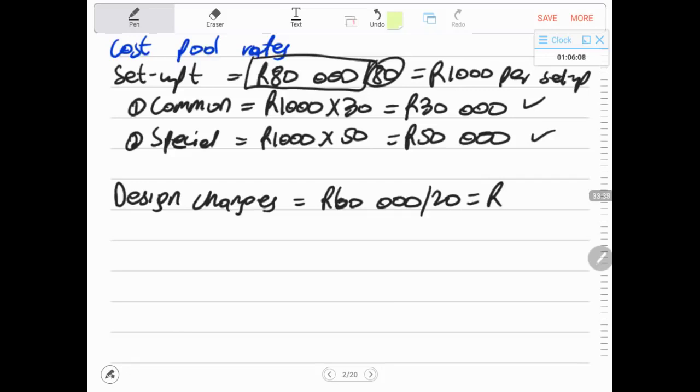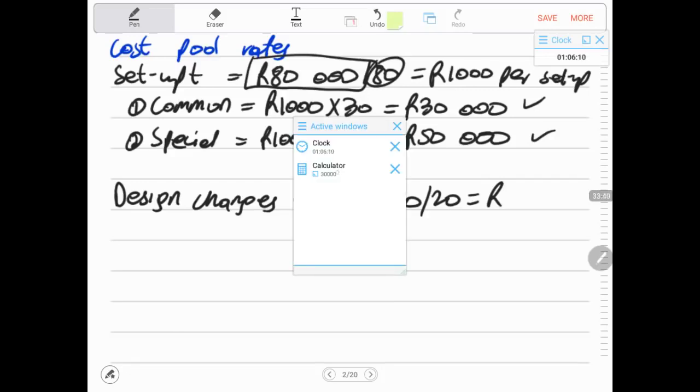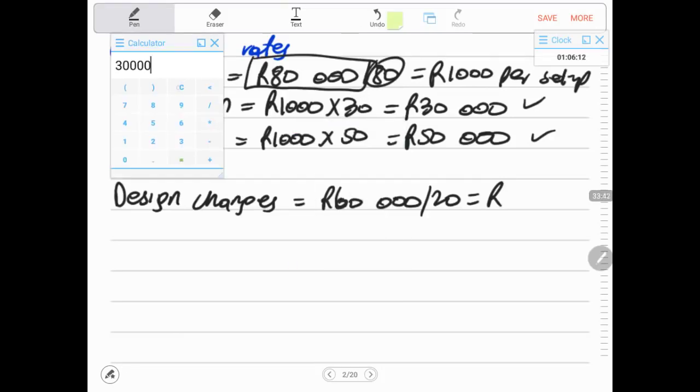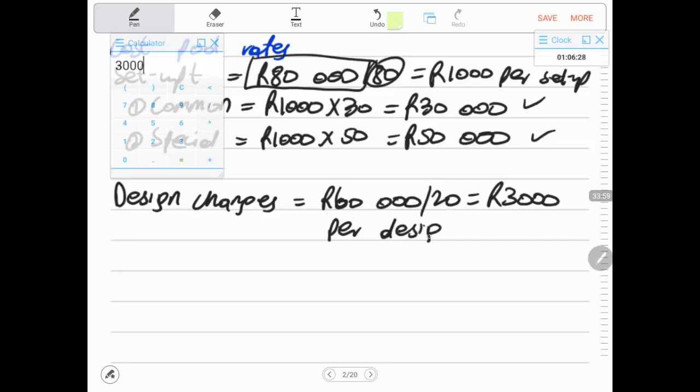And when we divide this by 20, remember 20 being the total of the design changes for product common and special. 60,000 divided by 20, we get 3,000. I want to highlight this per design change. For every change in the design, it will be 3,000 per design change.